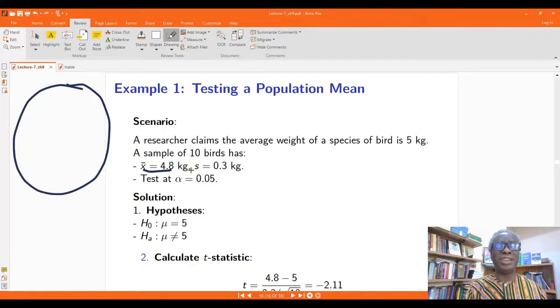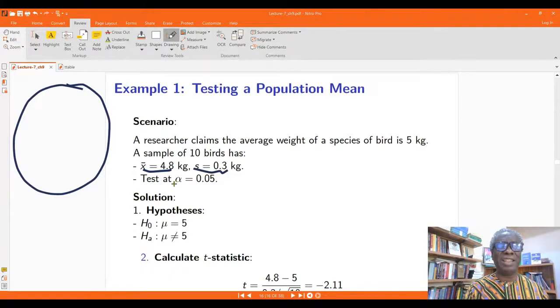And then the standard deviation of the weight of the 10 birds was also calculated to be 0.3 kg.